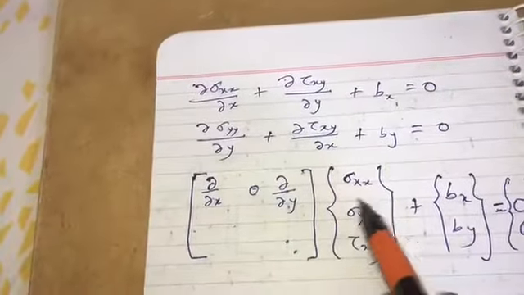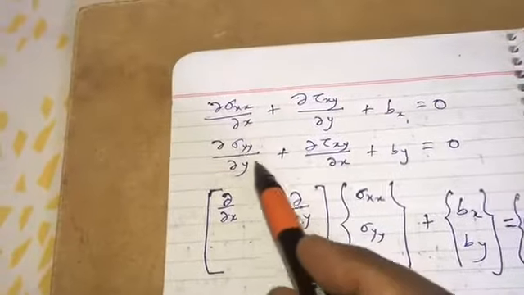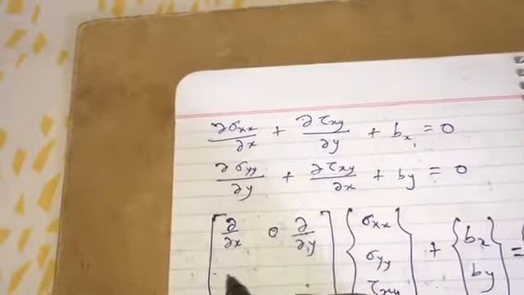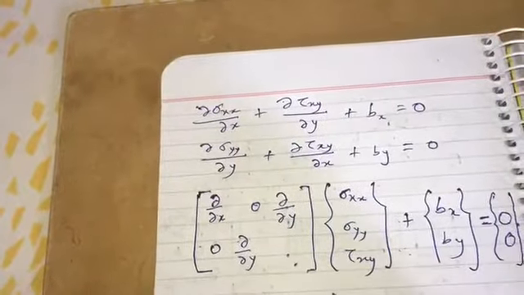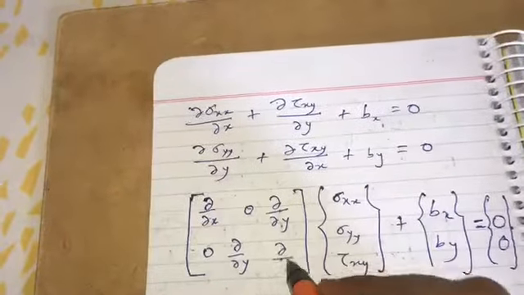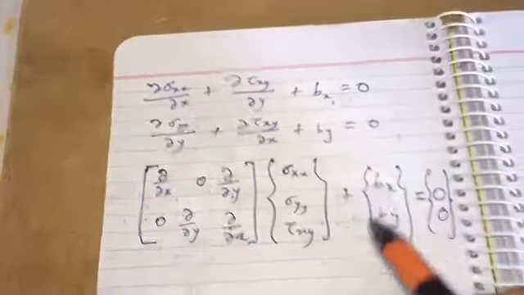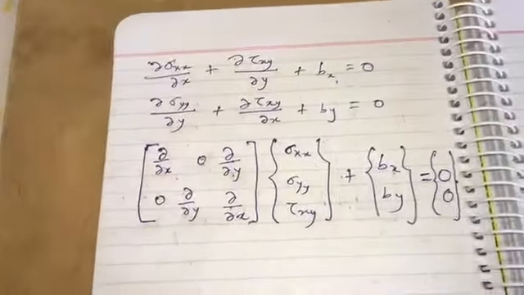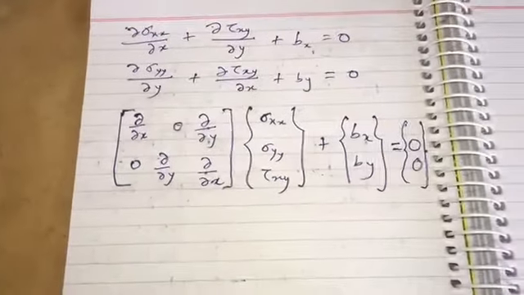The second equation will have 0, then del over del y, and then del over del x. So this system of equations we can also write in this form.